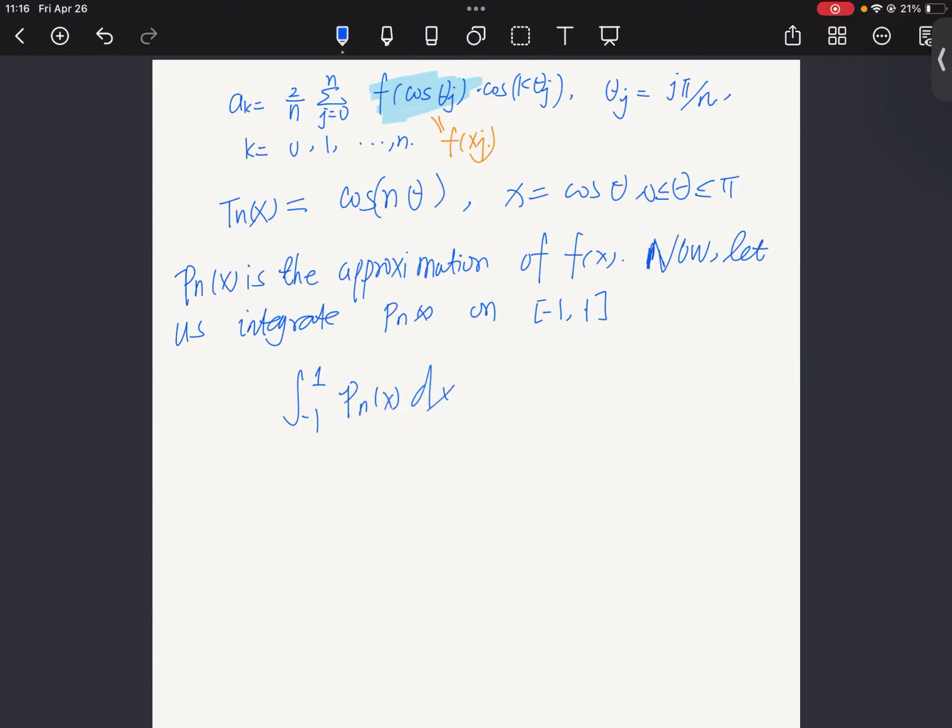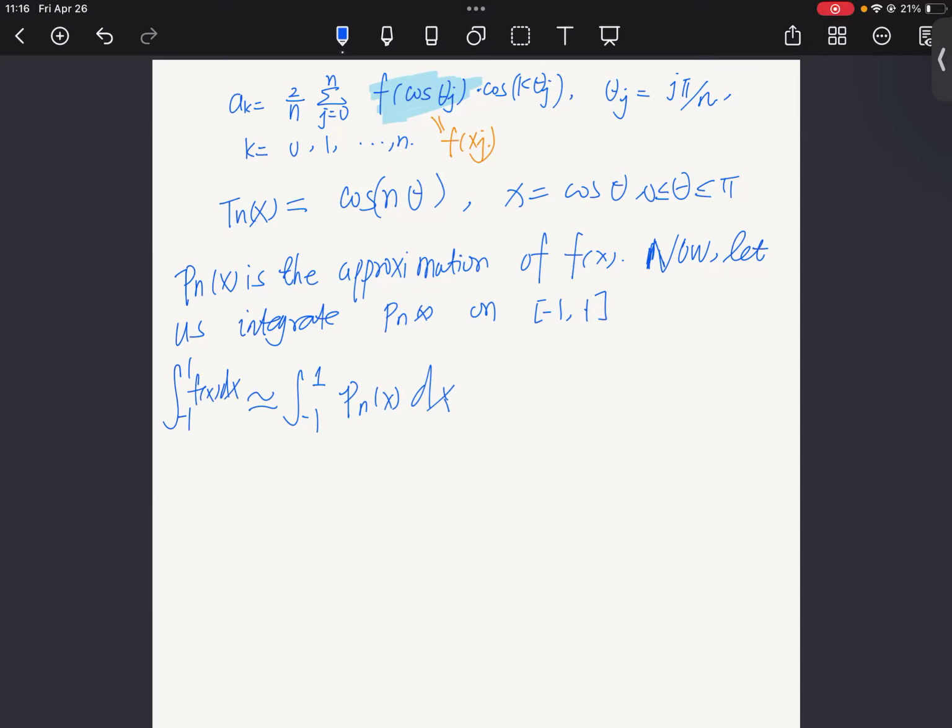Let me see, am I right here? Yes, should be correct. And we are going to use this to approximate the integral from -1 to 1 of f(x) dx.